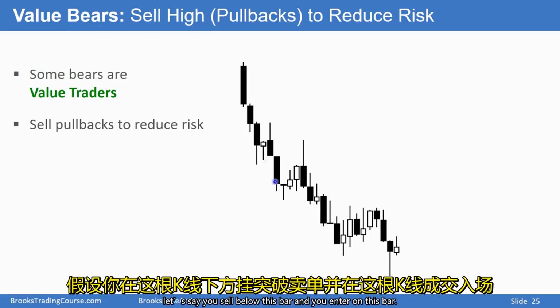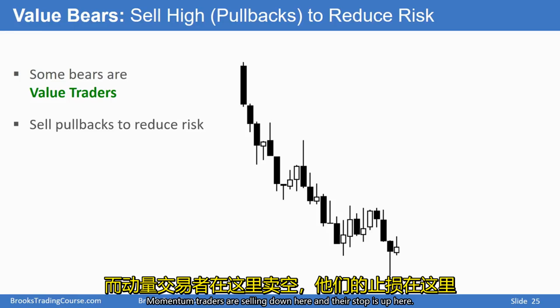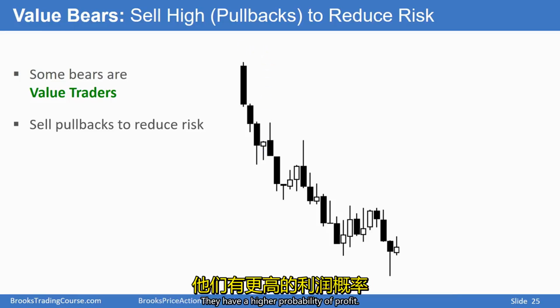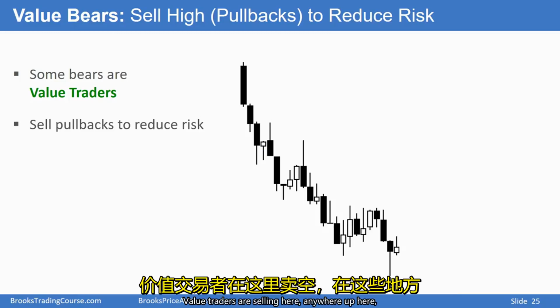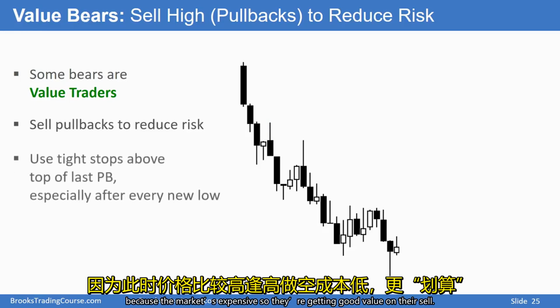Let's say you sell below this bar and then you enter in this bar, you have a bear breakout, your stop is up here. So your risk is less. Momentum traders selling down here, their stop is up here. They have a higher probability of profit. Value traders are selling here, anywhere up here, because the market's expensive. So they're getting good value on their sell.